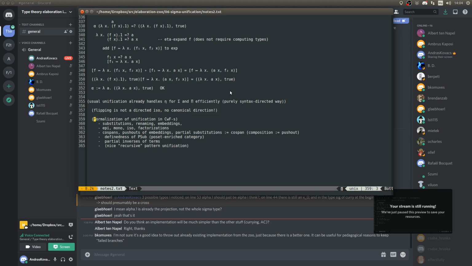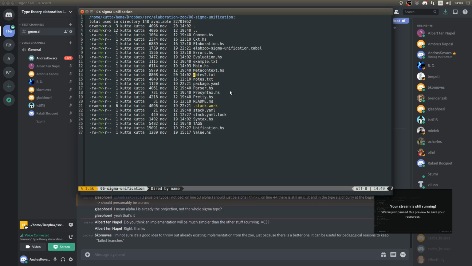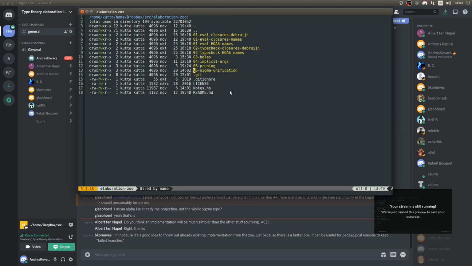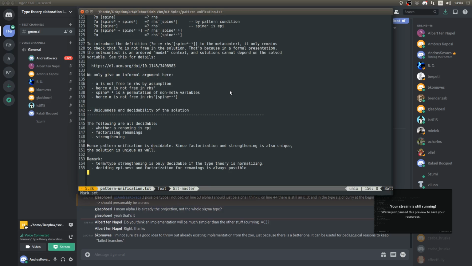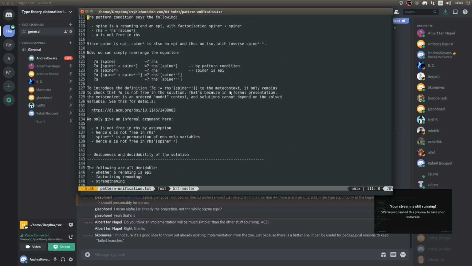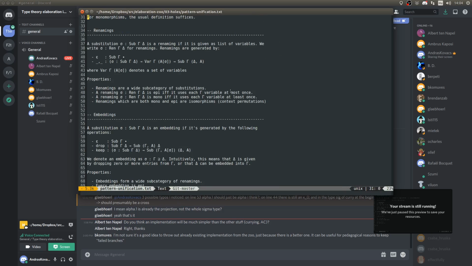So in the elaborations, I have, that's good, I have a small note, but only for the simple pattern unification. In this 0, 3 holes, I have this pattern unification.txt, and this is not very long, and this is what I already worked out.